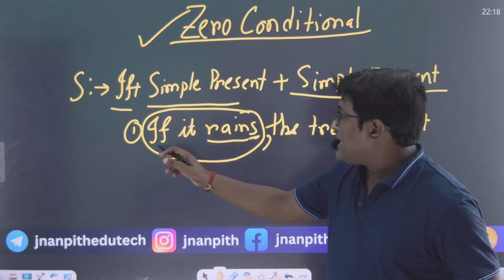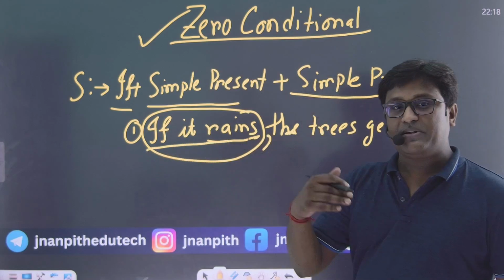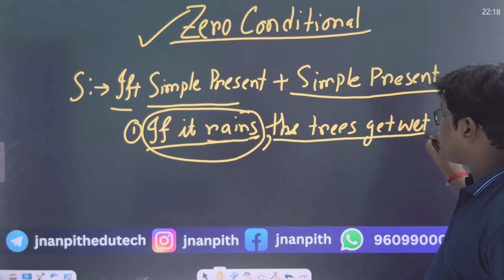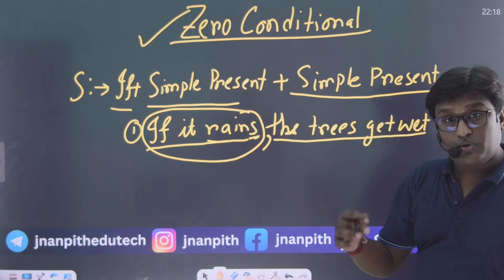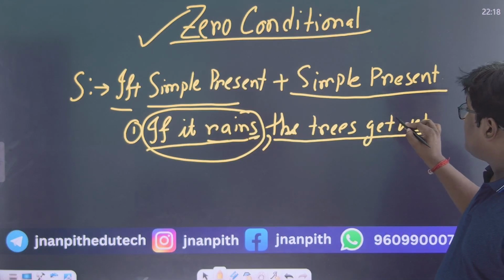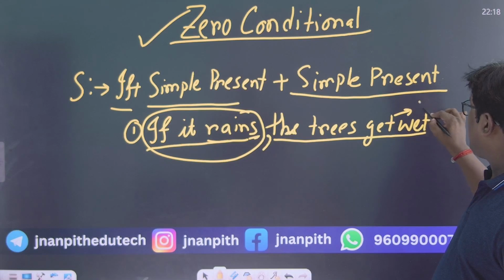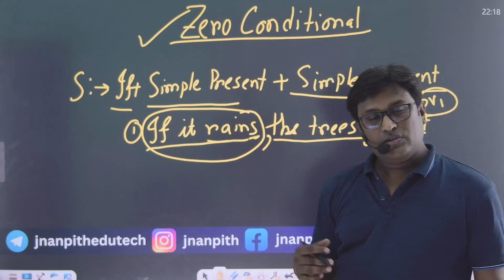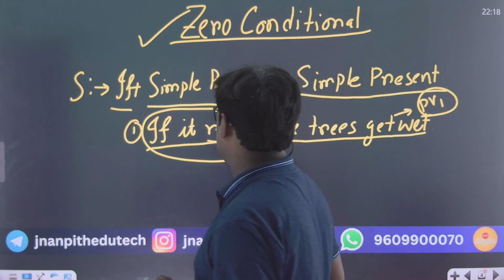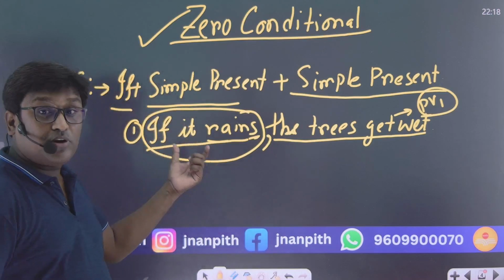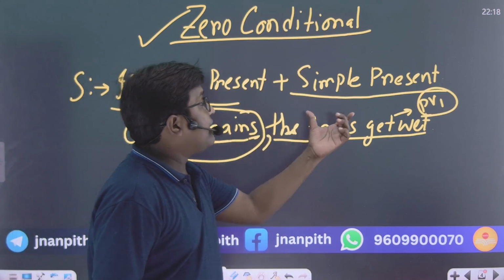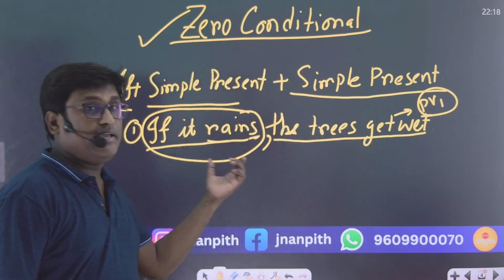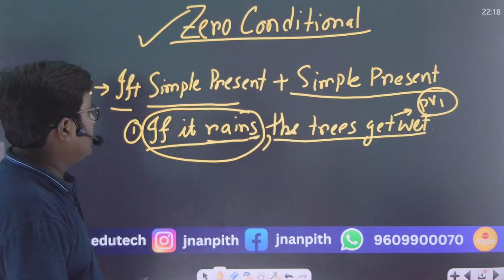So the if clause is in simple present tense, and the remaining clause is also in simple present tense, simply because get is the principal verb and it is in PV1 form. So hopefully this is crystal clear. The if clause, that is the subordinate clause, and the remaining part, the principal clause, both are in simple present tense.